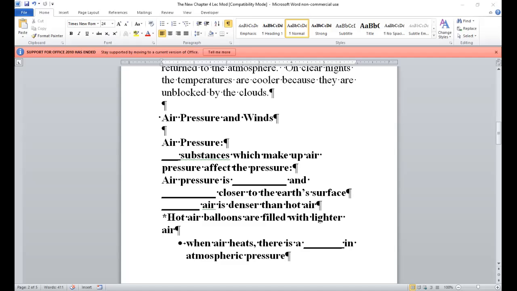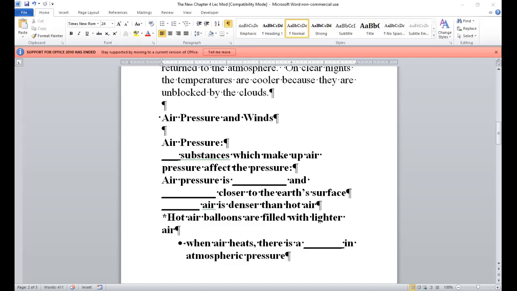So basically, air pressure is heavier and higher the closer to the Earth's surface. Cold air is denser than hot air. Think about it. Your hot air balloons, right, are filled with lighter air.